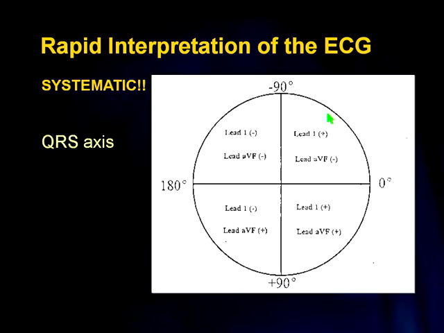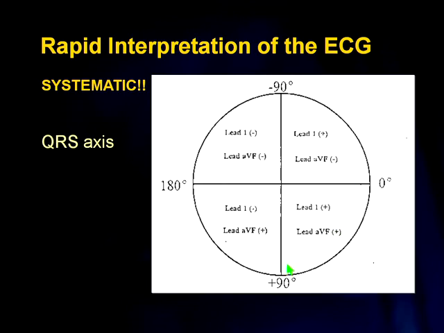So, the axis, the QRS axis, here's what I want you to remember. This really strikes terror, okay? Just look in lead 1, which is here, and AVF, which is that lead that looks from the top down to the feet. If lead 1 is positive and lead AVF is positive, that's a perfectly normal axis in this quadrant.